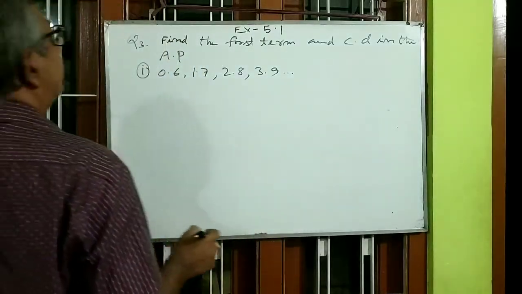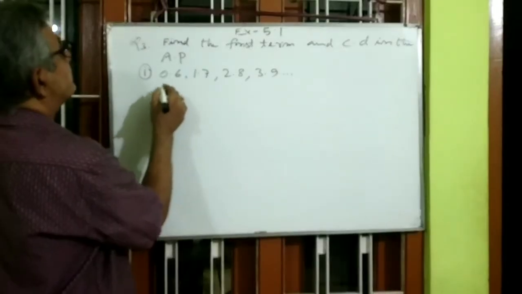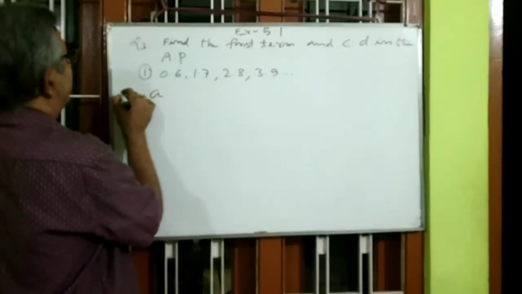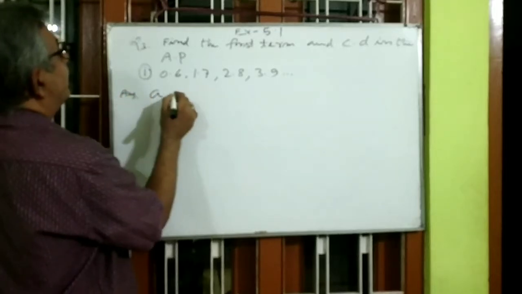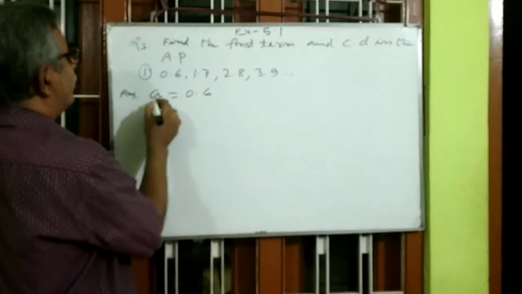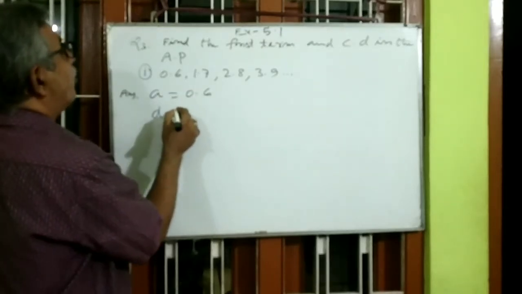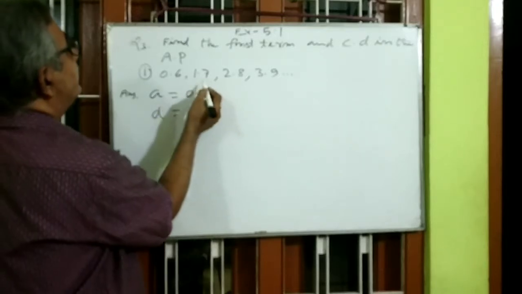Here you see, what is the first term? First term is equal to 0.6. Common difference is equal to what you are getting?